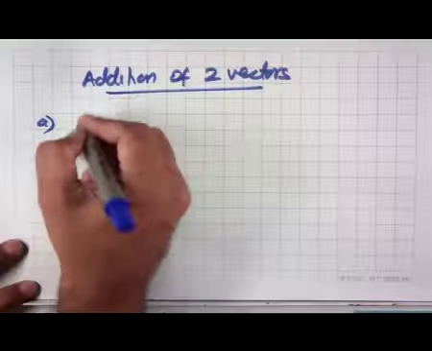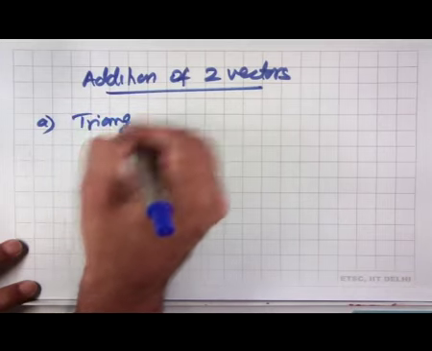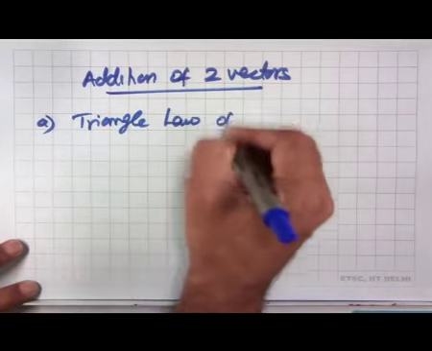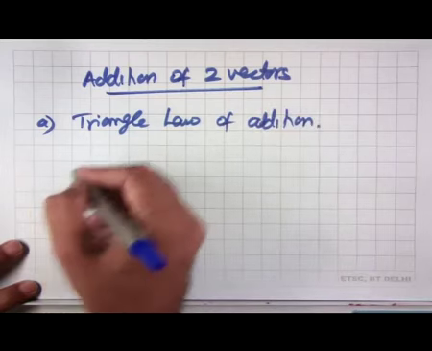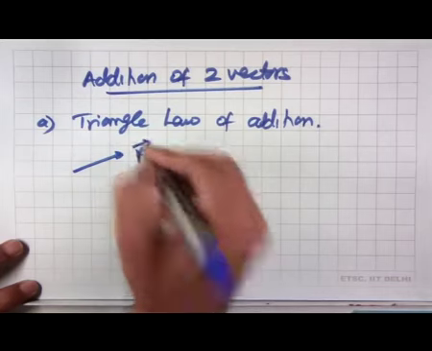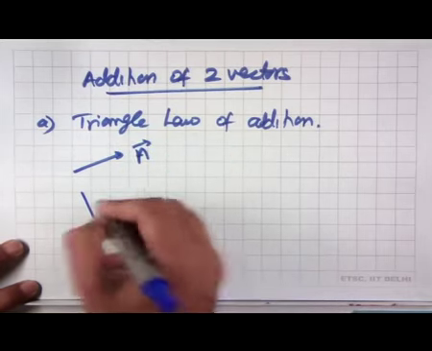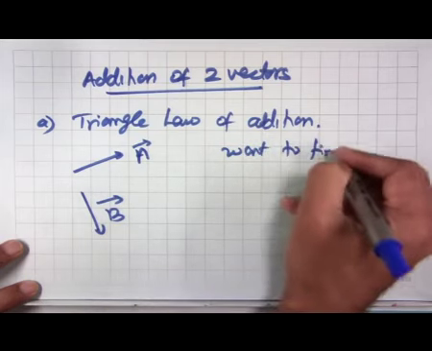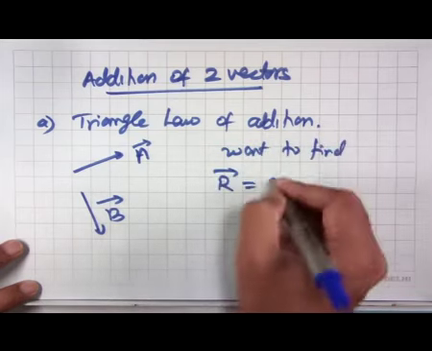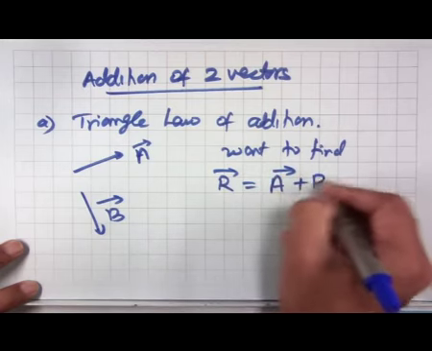The first of these we call the triangle law of addition. So, we have a vector A and a vector B, and we want to find the vector R which is equal to A plus B.